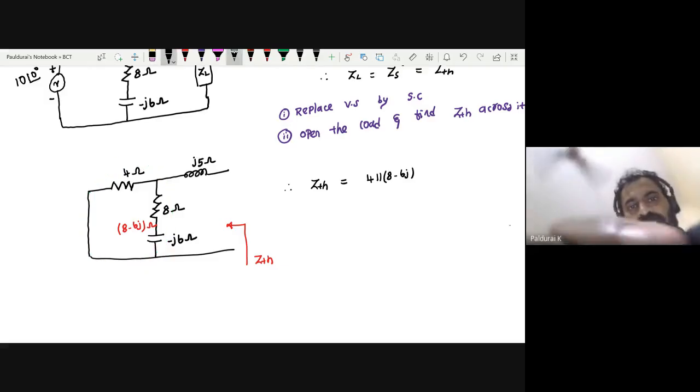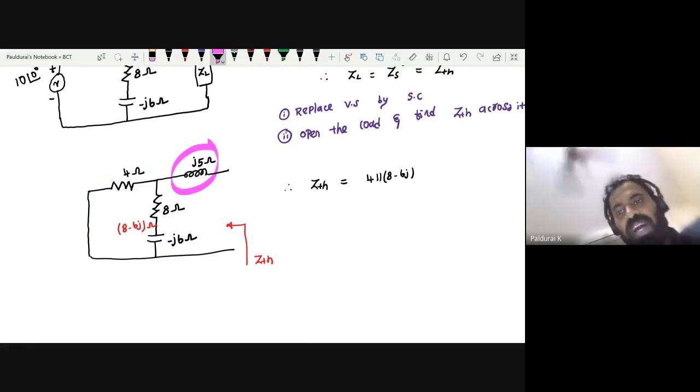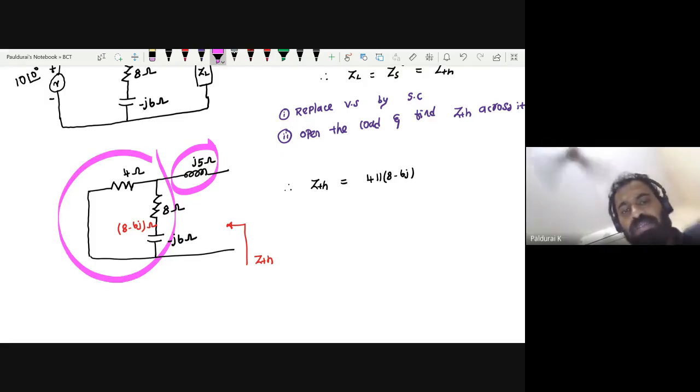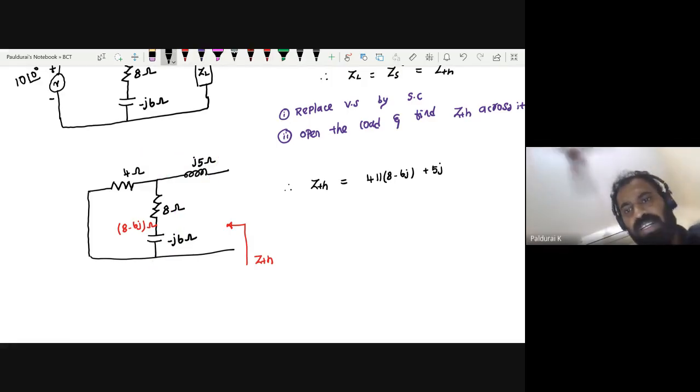After that I have J5. How is it connected? Series. So I can write plus J5. This is my ZTH.